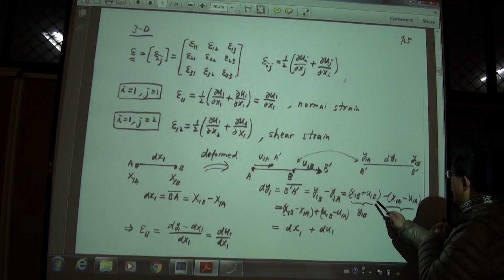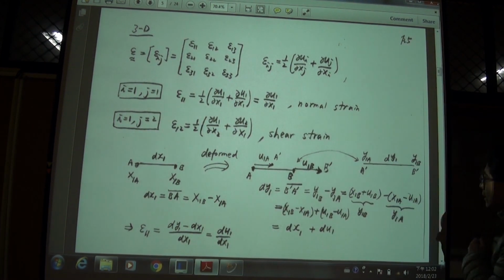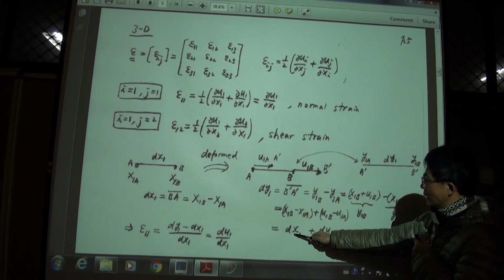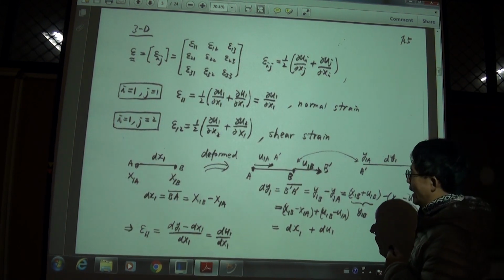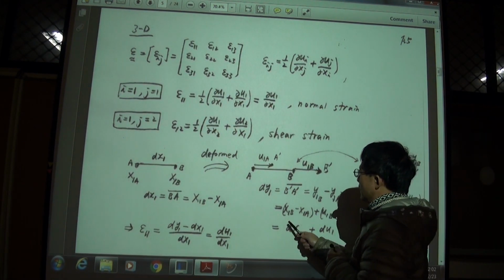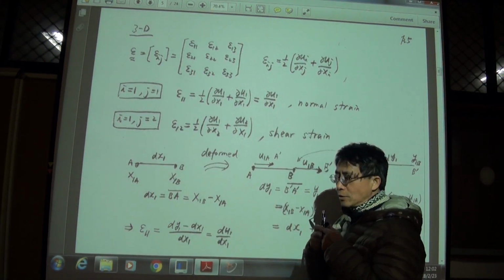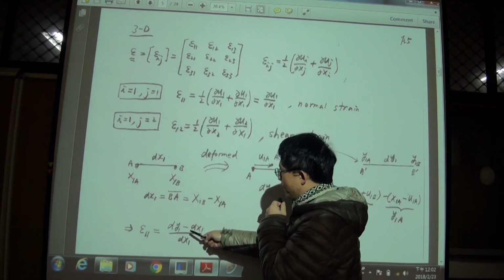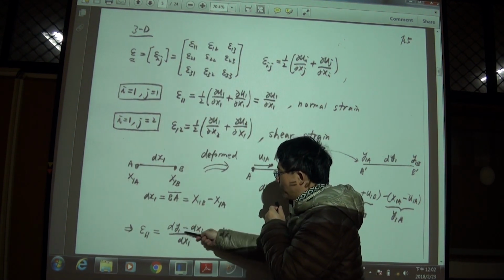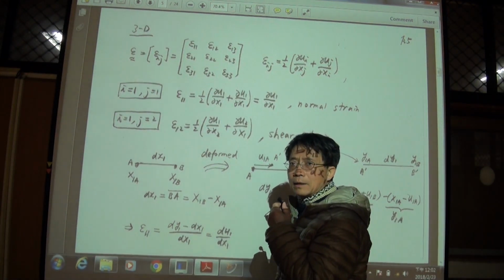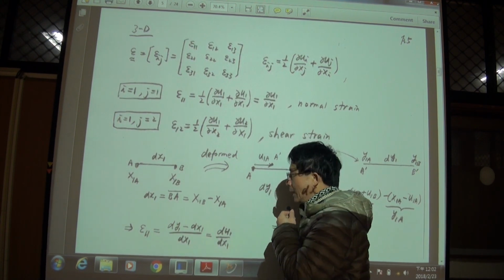Okay, now this one here, this one here. And then this is just the x1, this is the u1. So we can put this into the definition of the normal strain. The definition of the normal strain is the difference of the material length divided by the original material length.